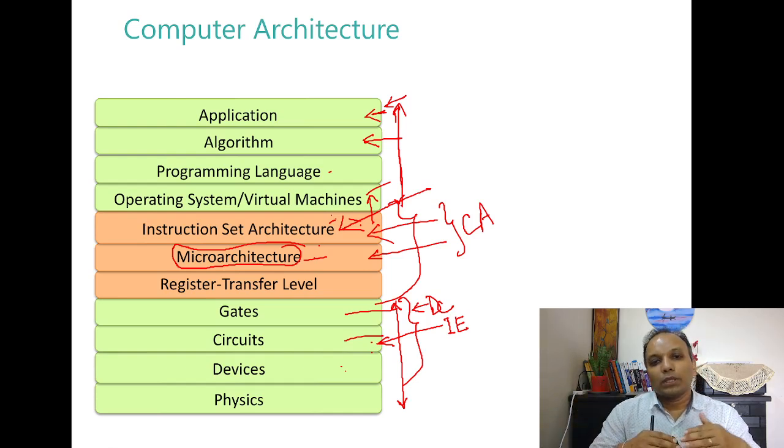For example, whether he can use different addressing modes, how interrupts will be handled, or basically how many instructions can be executed at a time, and so on. Whereas, the microarchitecture is more closer to hardware, and it tells us how exactly the ISA is implemented on hardware.